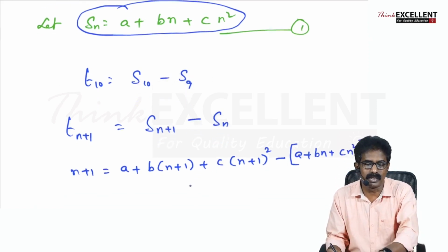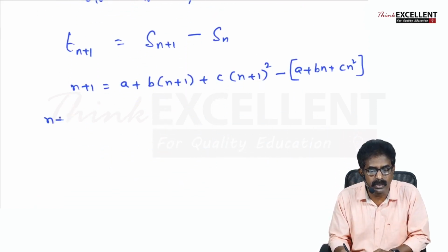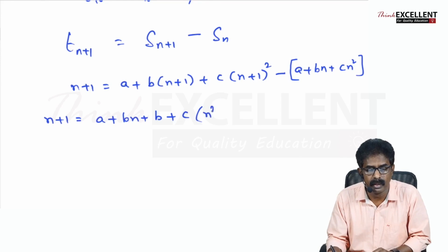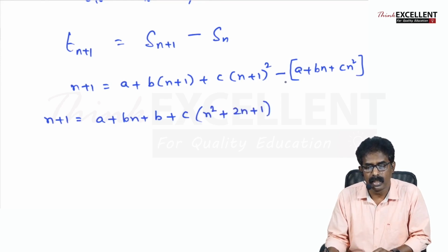Now we are going to simplify. So n plus 1 equals a plus, by that b you multiply, bn plus b into 1, b, plus c into, you have to expand it, then only you can multiply by c, right? n plus 1 the whole square, n square plus 2n plus 1. Last one, by that minus you multiply, minus a.